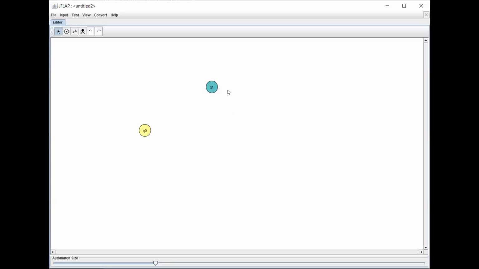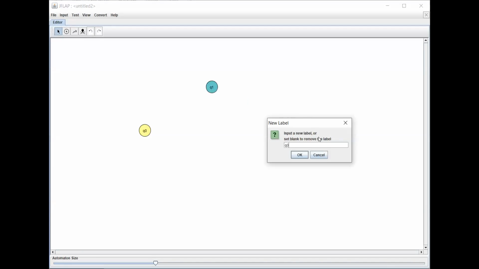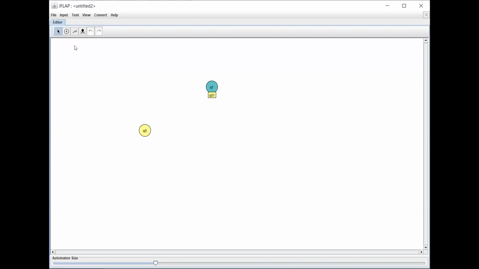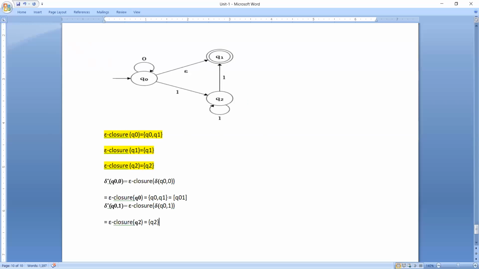Change the label, q01. Okay, and then q naught on 1, what is the answer we got? q2.